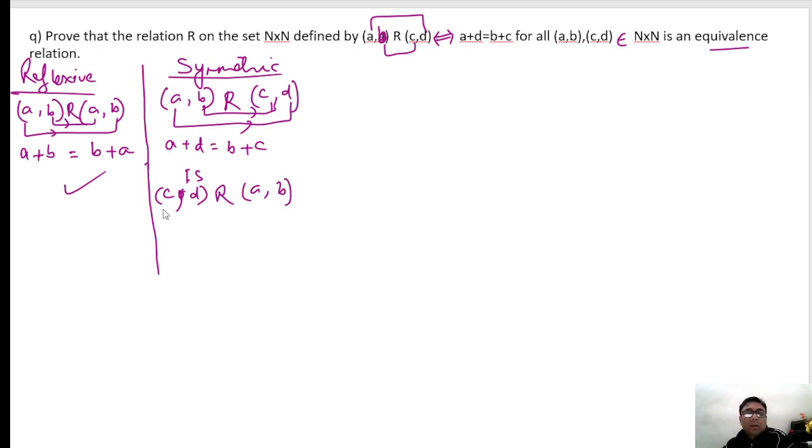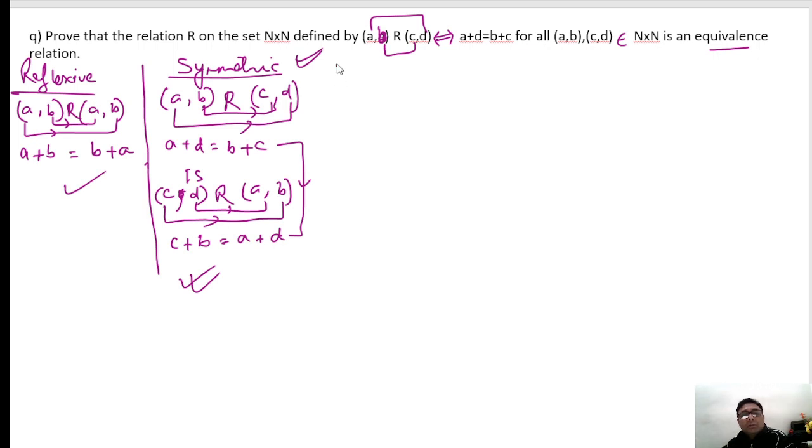So let's see. That means I have to take C and B and D and A. So C plus B, is it equal to A plus D? Yes, correct. That means this is also correct. That means symmetric is okay.